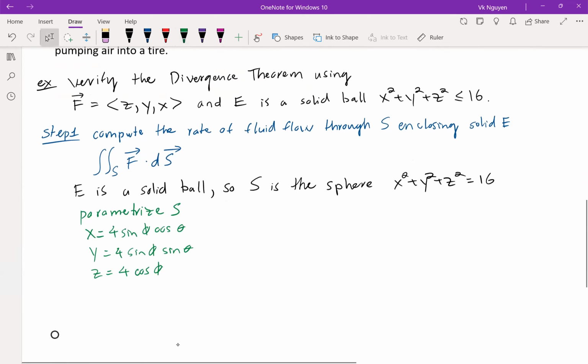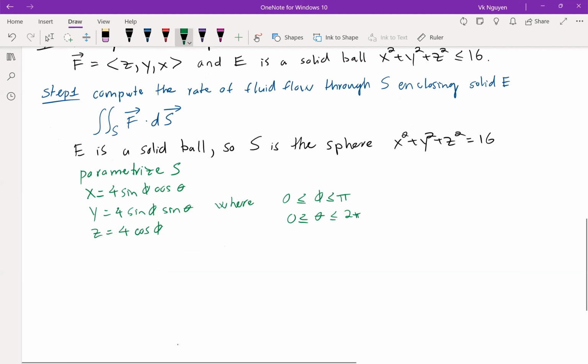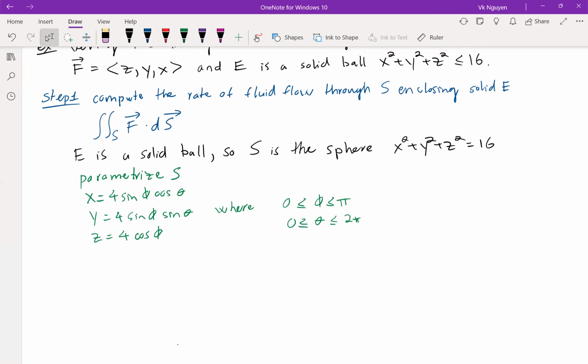And this is the full sphere, where 0 is less than or equal to phi less than or equal to pi, and theta is from 0 to 2 pi. Most of you already know this, right? Because last time we had this formula. Next step is F, and then do the dot product.